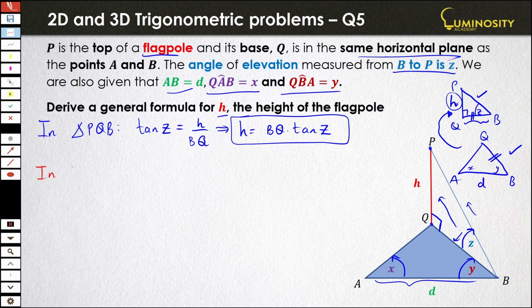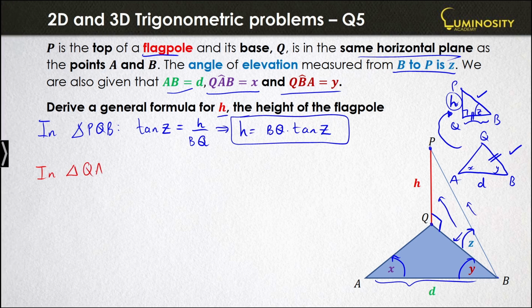So, in triangle QAB, we have the following. This missing angle here must be 180 degrees minus the sum of those two angles, because of the sum of angles in a triangle. If I add up all three of these, I get 180. And I want the length BQ. So I want a length, and I know an angle opposite it, and I know a length and another angle opposite it.